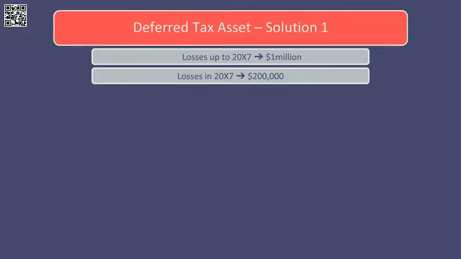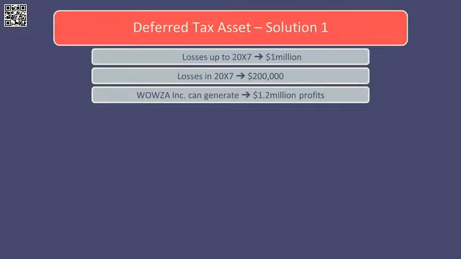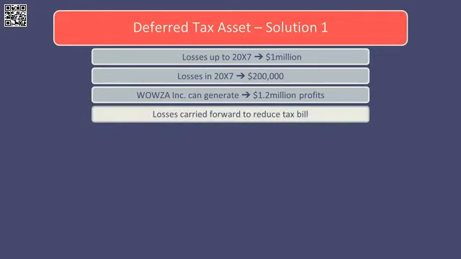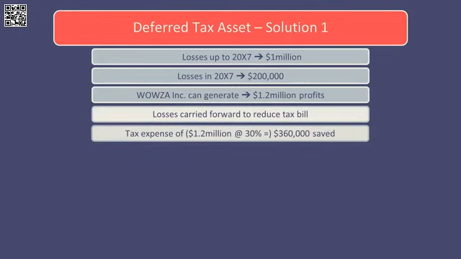So in this situation, by the end of 20x7, Wowza Incorporated can generate $1.2 million in future years' profits before the losses are all used and the company will have to pay tax. So these losses are valuable, aren't they? In money terms, they are worth $1.2 million at 30%, $360,000. Because without these losses carried forward, the company will be liable for this amount.